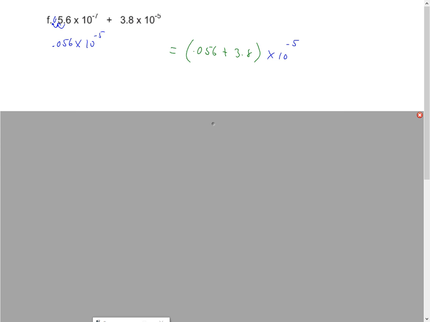Again, if you need to, until you get a calculator at the end of the week, do it off to the side. You would go 3.8 plus 0.056. And can you clearly see that you end up at 3.856? Okay. But again, if you can't do that, do it off to the side. And this is times 10 to the negative 5th.